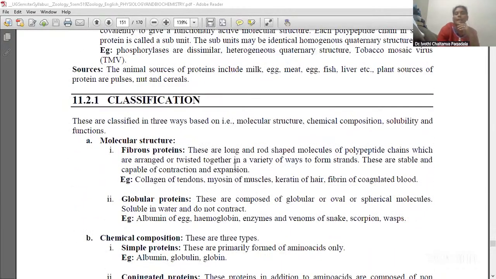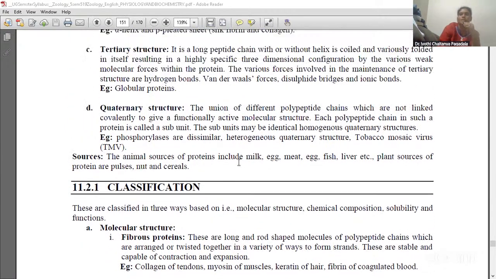And when coming to the classification of proteins, classification mainly depends upon the molecular structure, chemical composition, and their solubility and function. Based on molecular structure, there are fibrous proteins, which are present mainly in collagen of tendons, myosin of muscles, keratin of hair, and fibrin of coagulated blood.